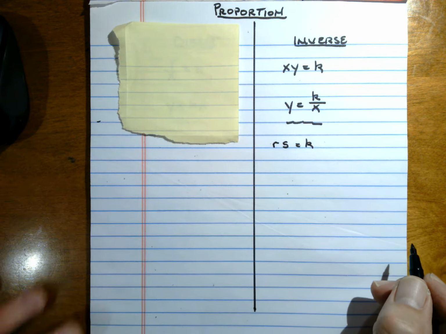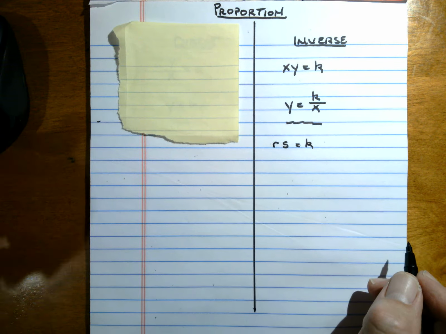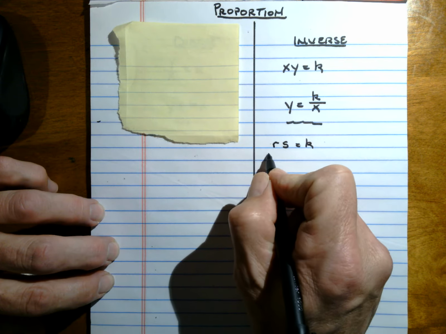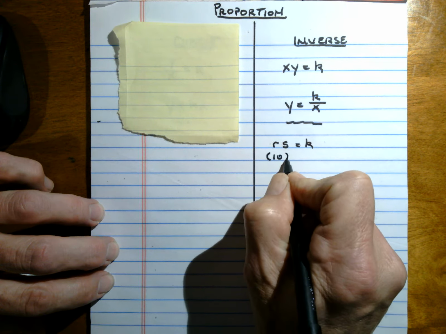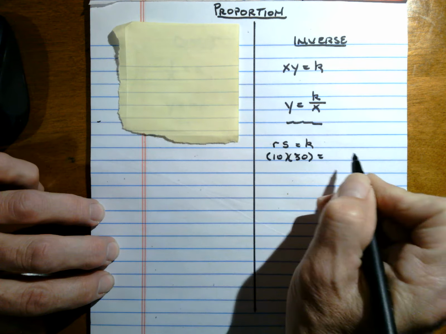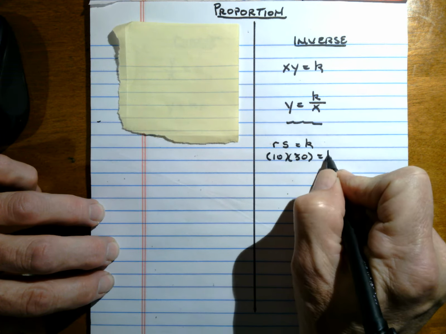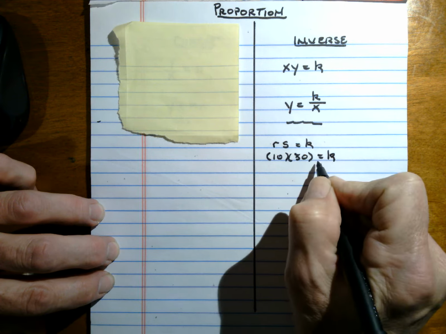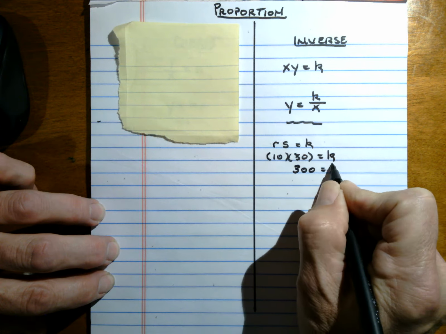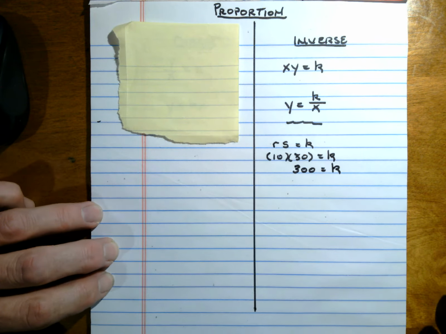And then it gives us a value for R and S. It says, well, in one situation in this relationship, when R is 10, S is 30. So knowing that anytime they're multiplied together, they'll give me the same number, I can multiply them together, and I can see that that number is going to be 300, 30 times 10.